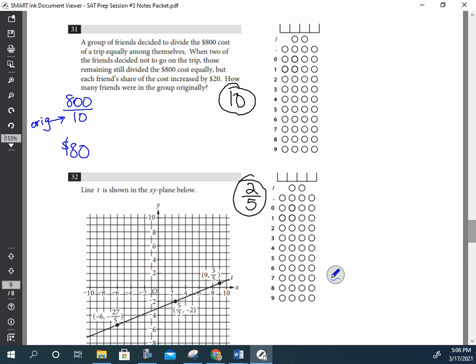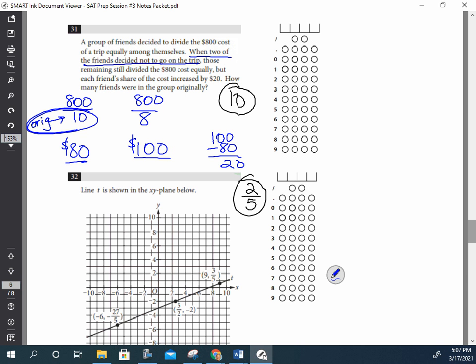The problem goes on to say, when 2 of the friends decided not to go, so instead of 10 friends, you have 8. If I divide 800 by 8, that gives me $100, which is a $20 difference from 80. And that's actually what I needed. So the original number of friends going on this trip was 10.